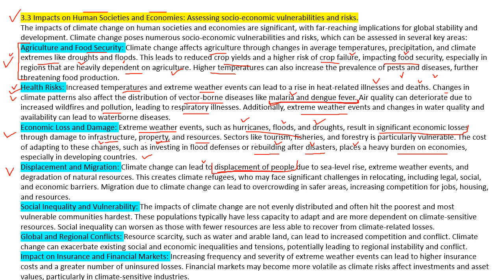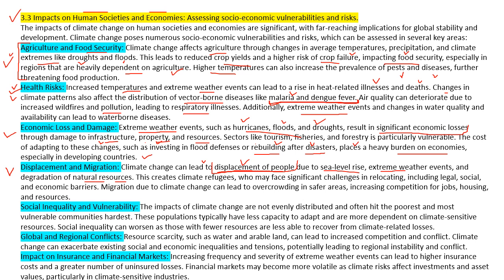Now their area is not suitable or profitable for them to sustain their lives, so they will move from that area to the urban areas. Not only this, it may be due to sea level rise, extreme weather events, and degradation of natural resources, especially the soil.